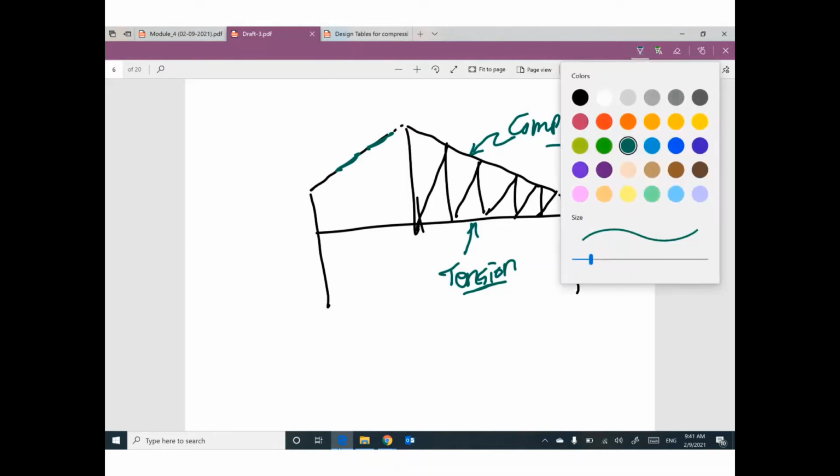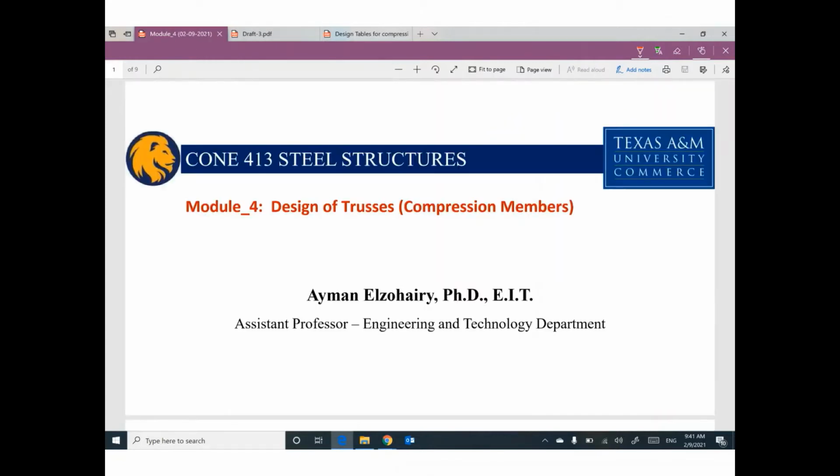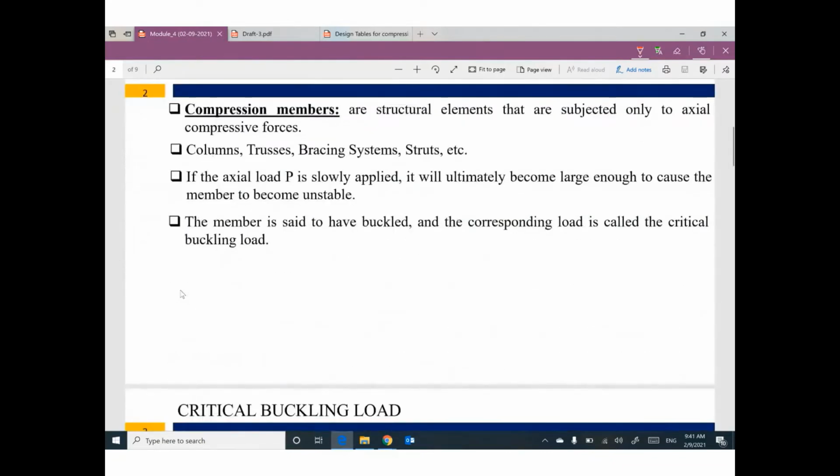Next meeting on Thursday and Tuesday next week, we will start to design this connection. Okay, so today the meeting is about designing compression members. Compression members are structural elements that are subjected only to axial compression, like columns, trusses, bracing systems.